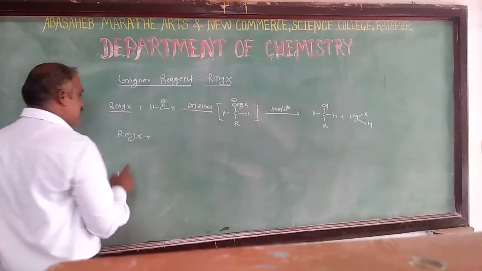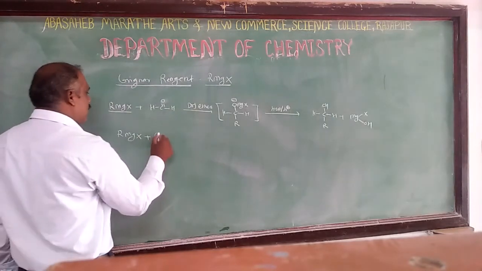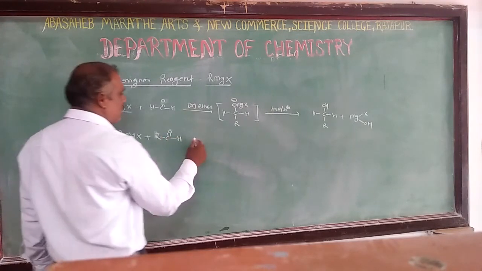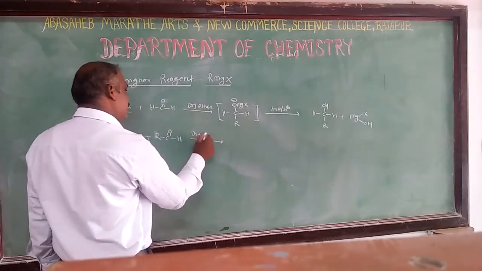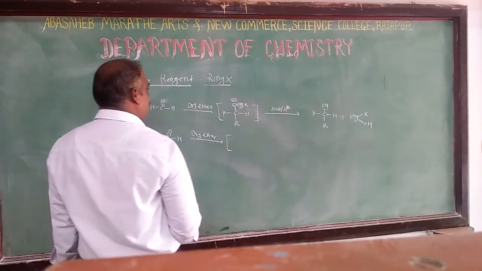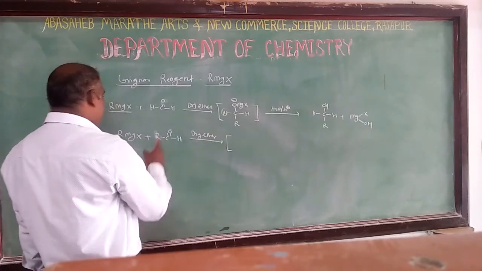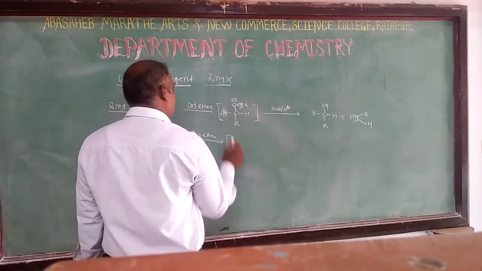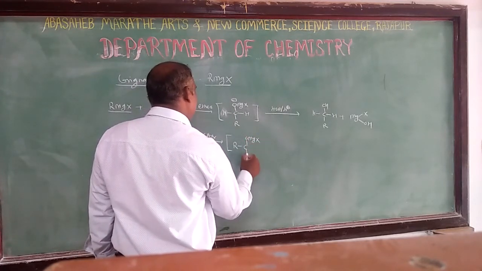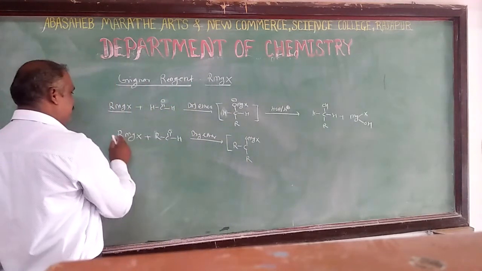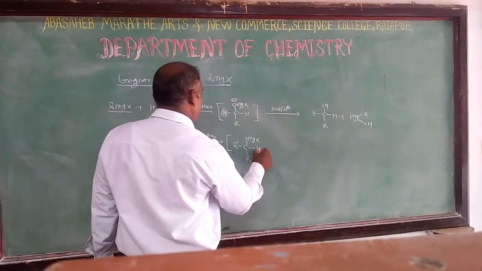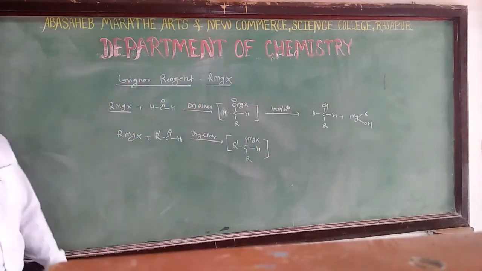Okay, so RMgX plus an aldehyde like acetaldehyde, in dry ether. What will the intermediate be? One of the hydrogens is replaced by R, giving R, O, MgX, and this R dash.